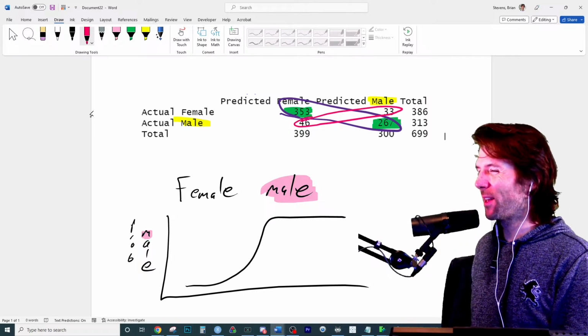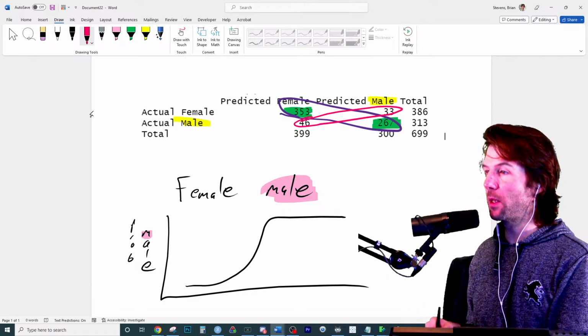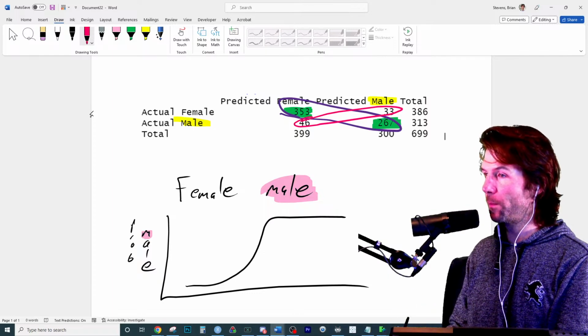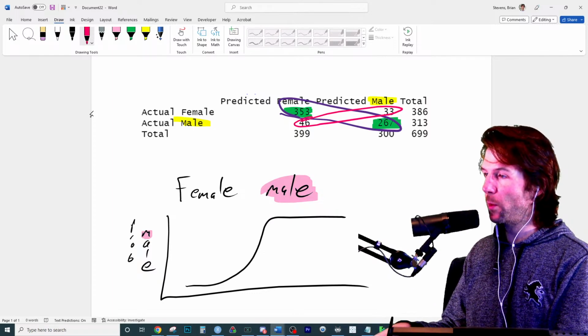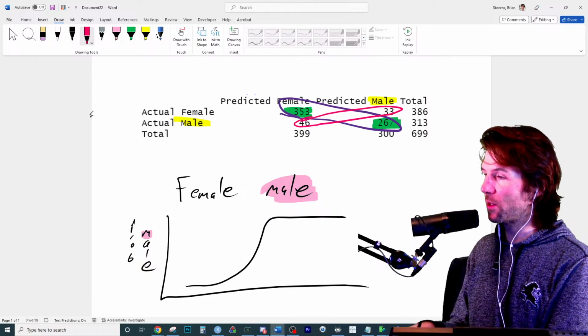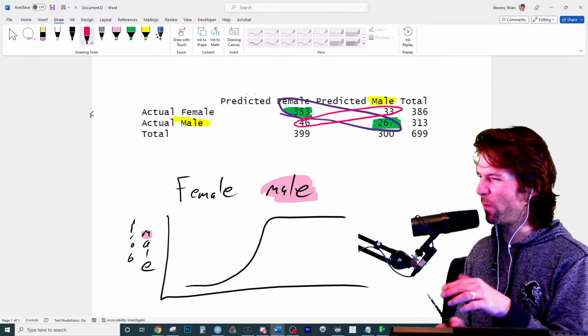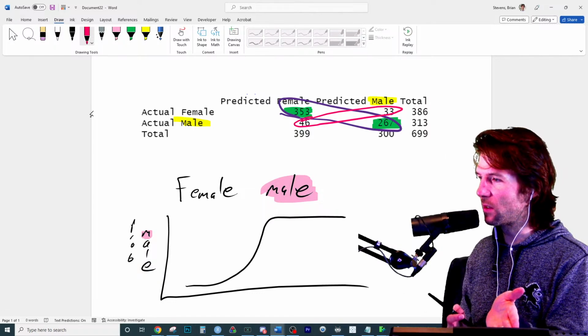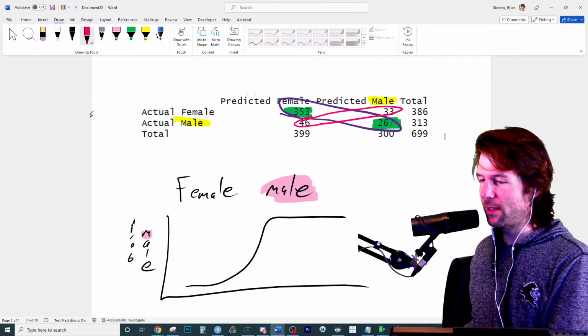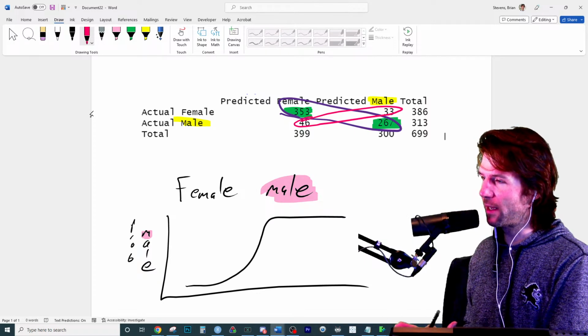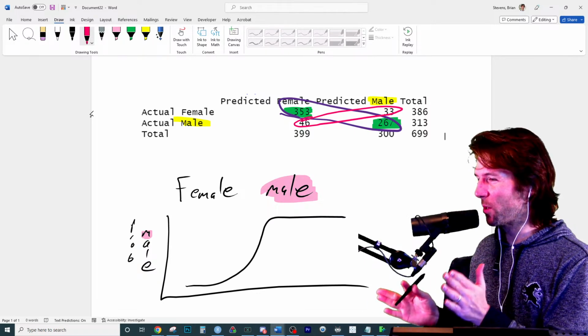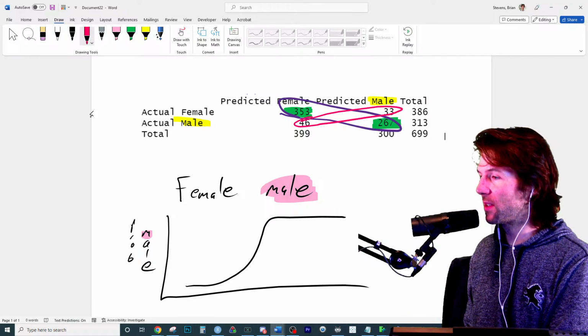And if male is the level of interest, then a false positive would be predicting someone is male when they're actually female. So that would be a false positive in this instance. A false negative would be when you predict female, because the negative would be the not level of interest in this instance. It's contextual, like false positive, false negative. We can probably just call them both misses.